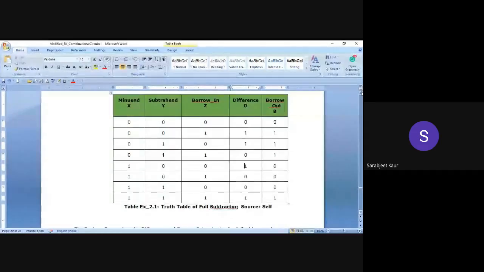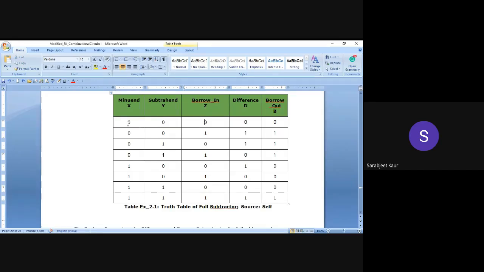So you can see the truth table. Please see how this is done. This time we are going to do x minus y, and then whatever is the intermediate result of x minus y, we will subtract z from that intermediate result.